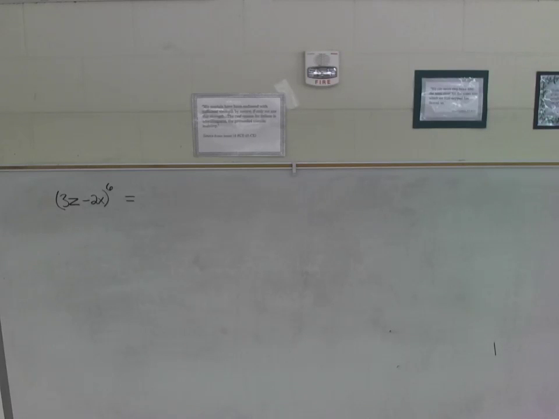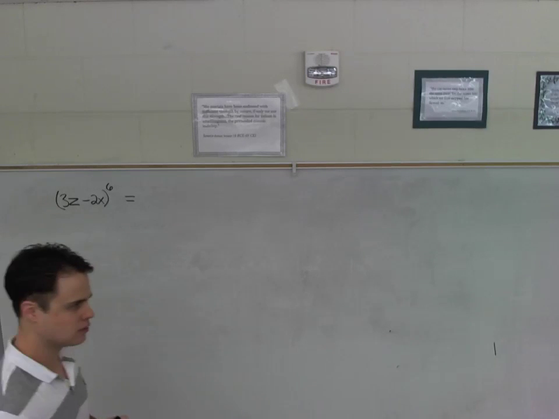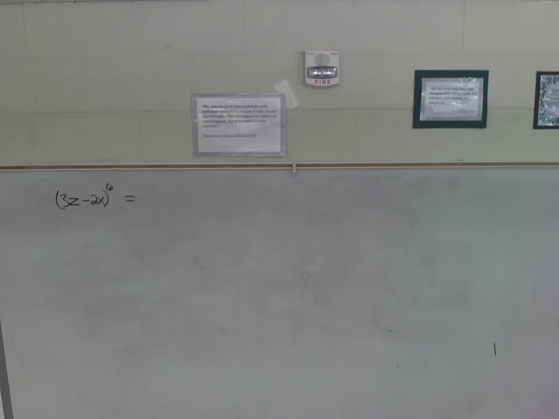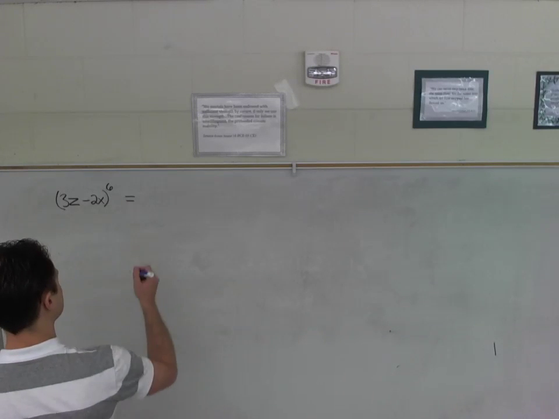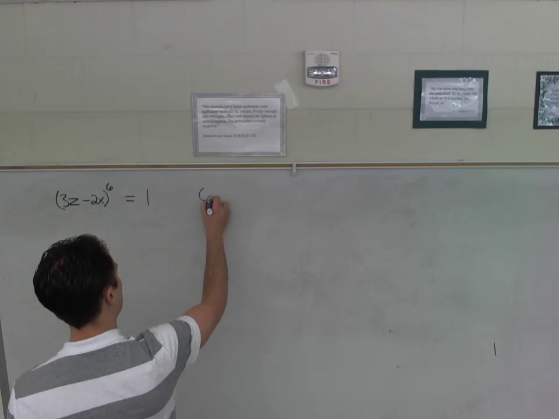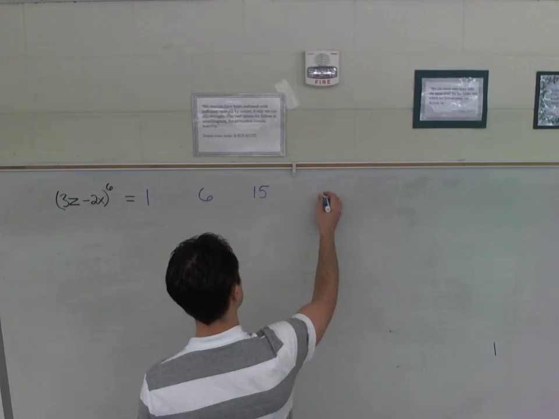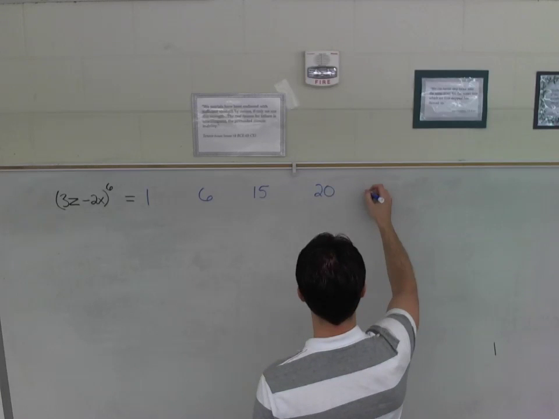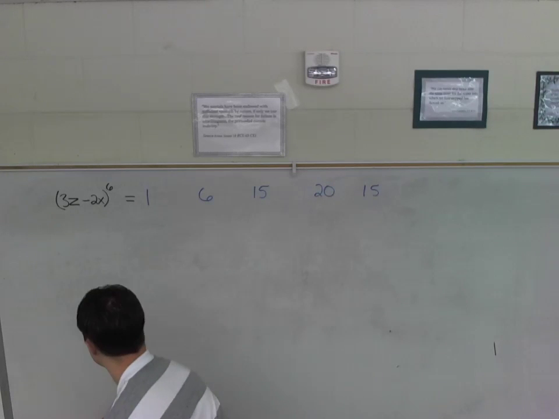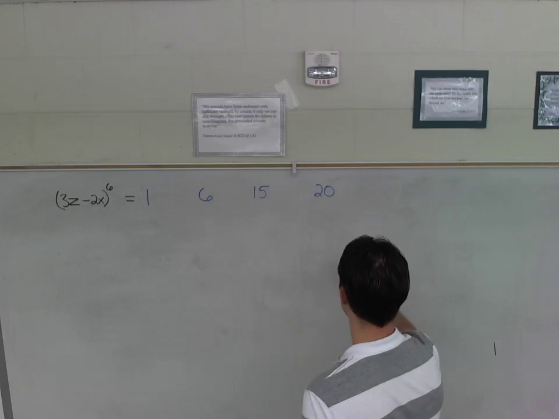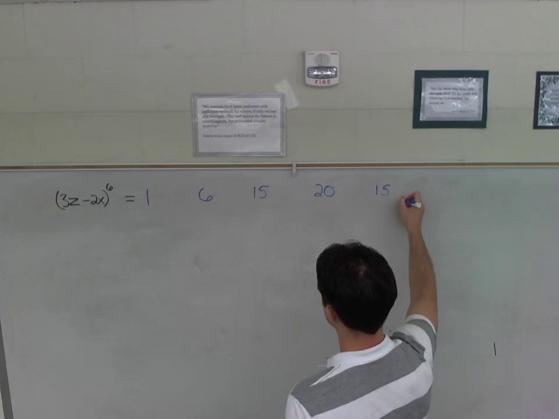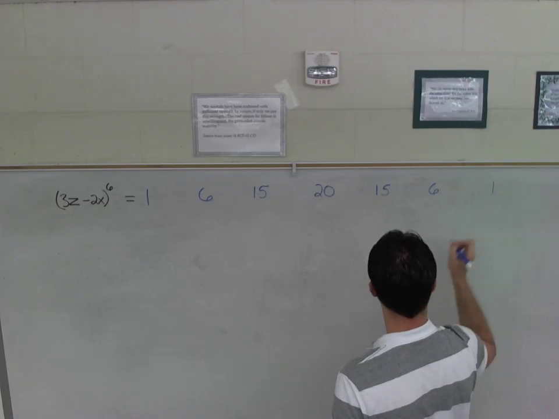Careful of that minus. Careful with the minus. Oh, I just have a question. Do you multiply 2 into the 6? Yes, you do. So 2, 6, 12. And then we'll do 15.